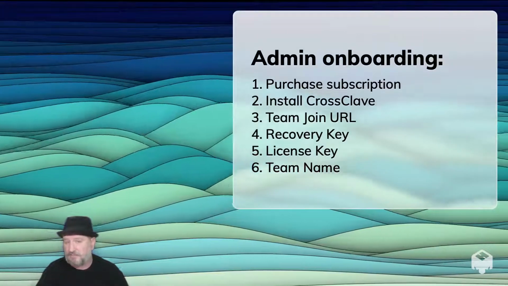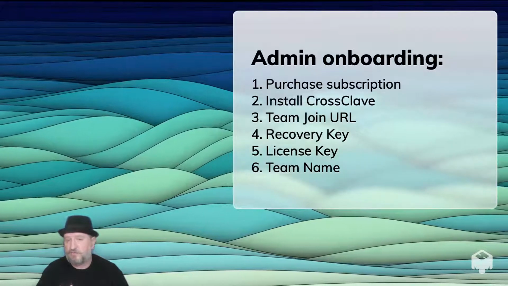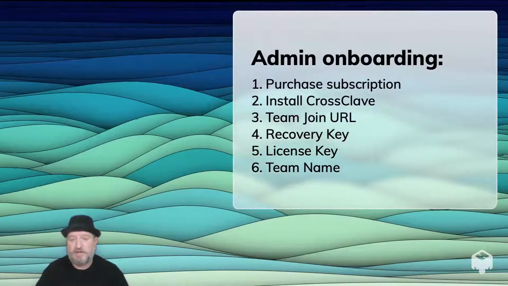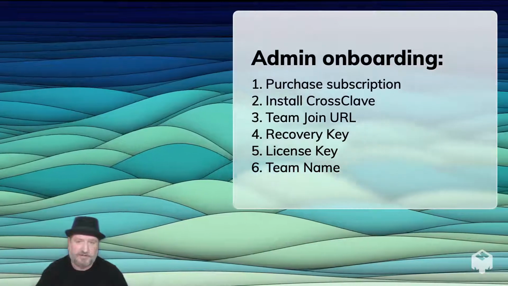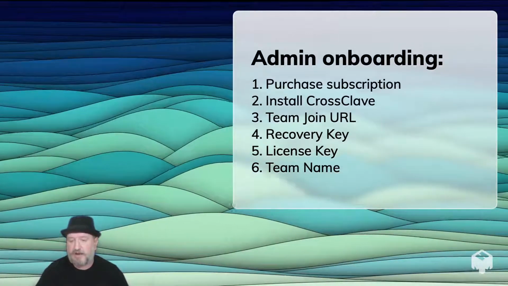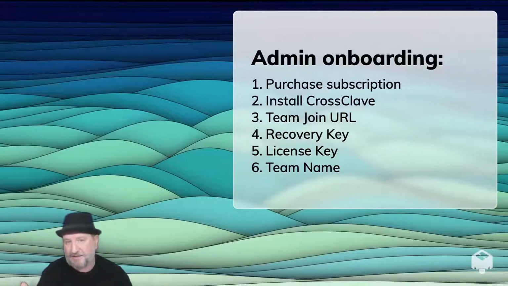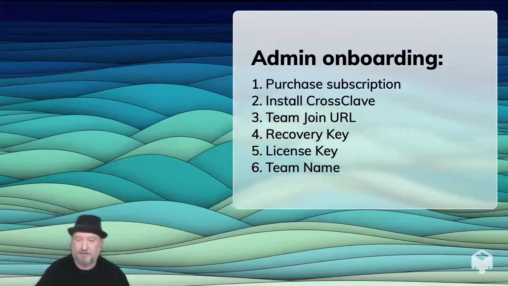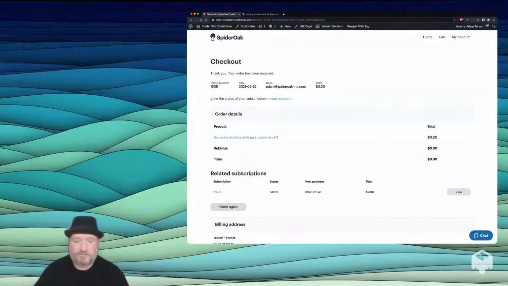Next, you get a team join URL, and I'll show you where to find that. Then you save your recovery key, and finally, you input your team license into CrossClave. After your team license, of course, you name your team and you're off to the races.